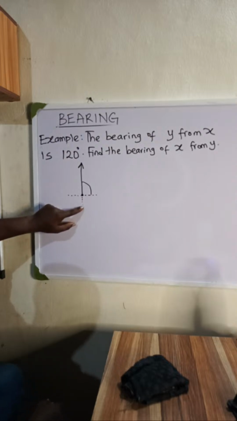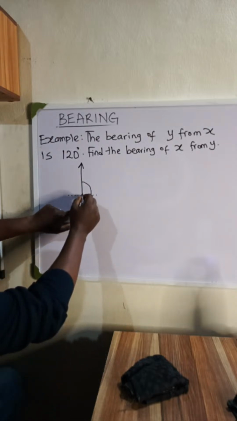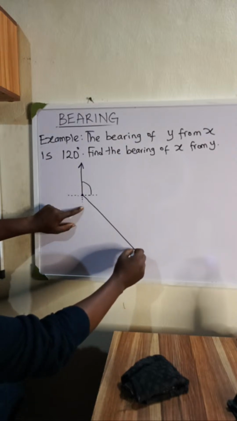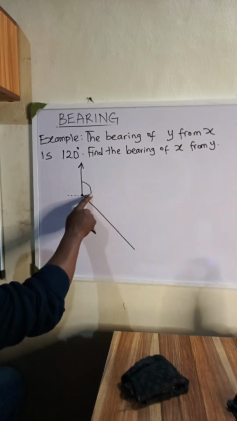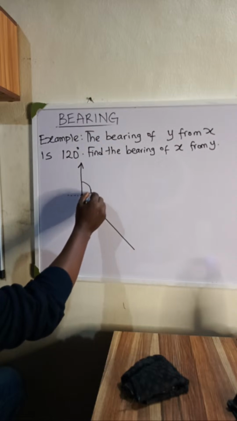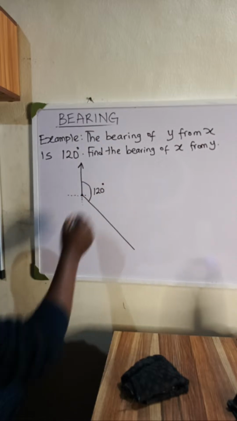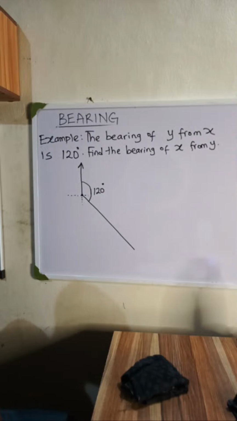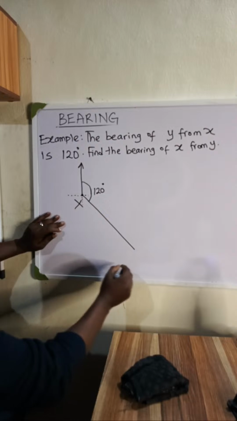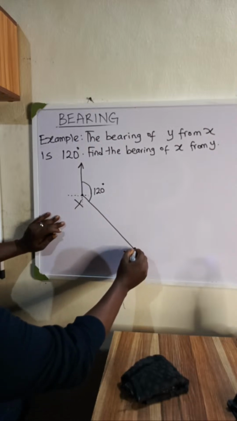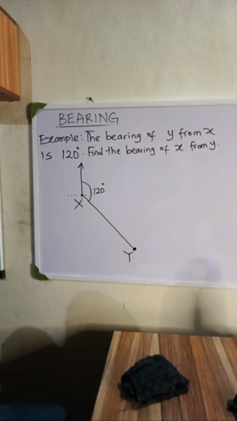That means the direction of Y will be around this direction. So this bearing is 120 degrees. So now this is X, this point is point Y. Okay, so we've located point Y.